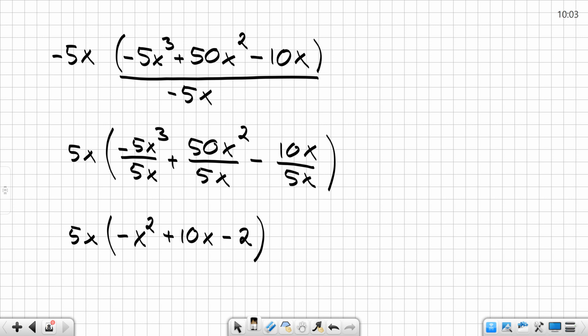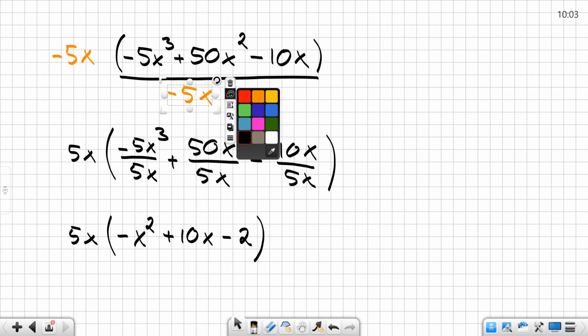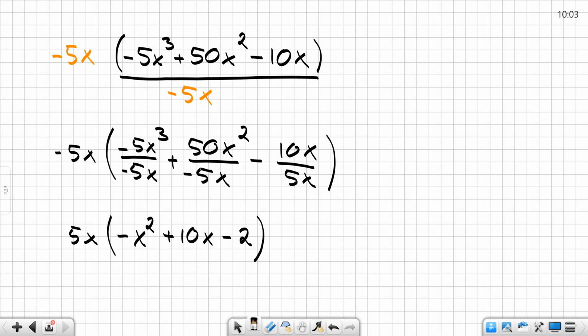Again, I can multiply something by negative 5x and divide it by negative 5x at the same time without really changing anything. The thing that will change now is the following. I will have a negative on the outside, and I divided everything by negative 5x.